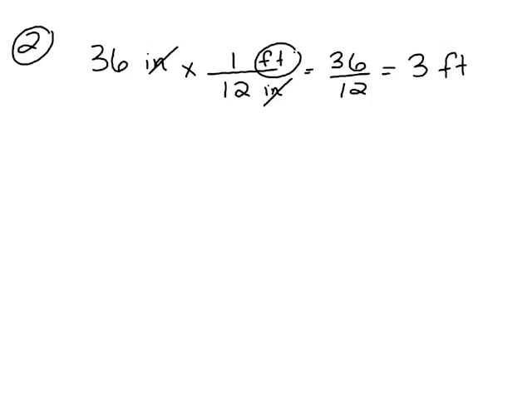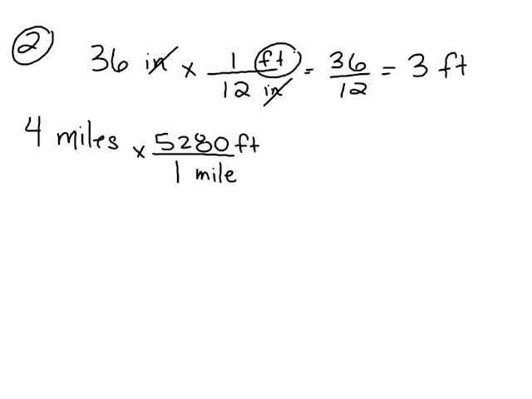Okay. Convert 4 miles into feet. So what's the feet to mile ratio? 5,280. Do I want miles on the top or bottom? Bottom. So 1 mile is equal to 5,280 feet.